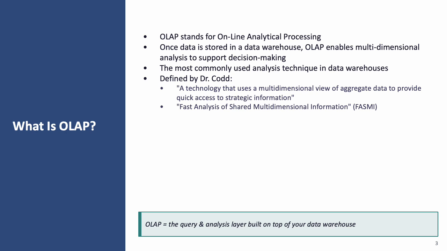A simpler way to remember this is the acronym FASMI, Fast Analysis of Shared Multidimensional Information. This captures the same idea: speed, multiple dimensions, and shared access across an organization. You really have to remember this.